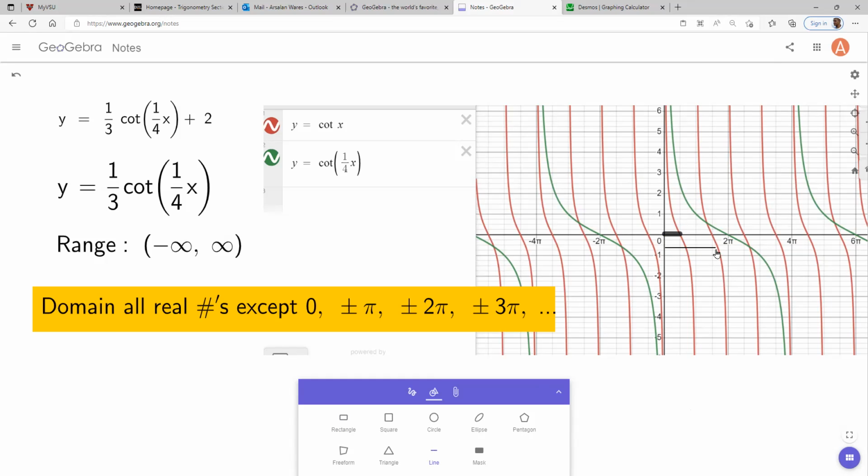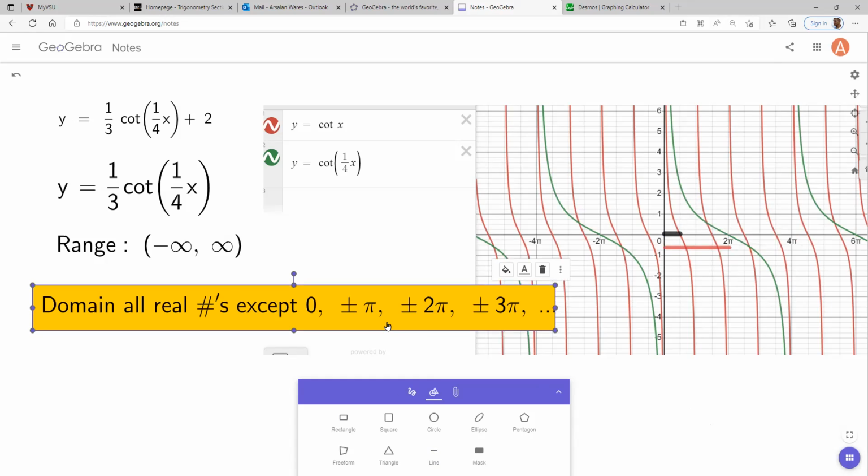And trust me, guys, this will be 4 times. If you don't believe me, you pull out a ruler, freeze the video, and measure it. This red line will be 4 times the black line. All these points, pi, 2 pi, 3 pi, and 0, they will be stretched. They will be 4 units away from the y-axis. So it's like multiplying it by 4.